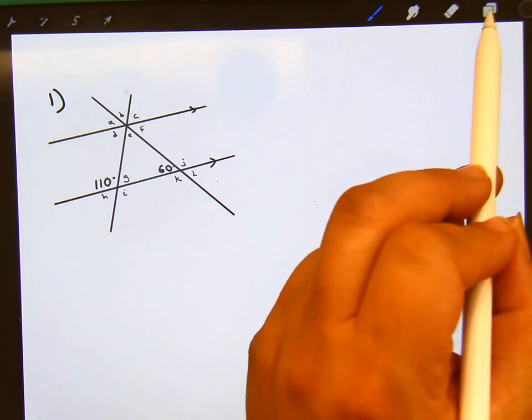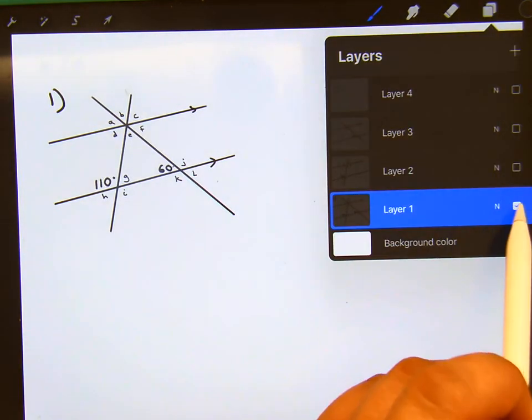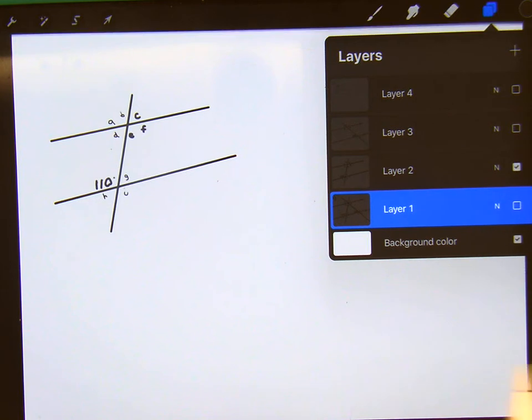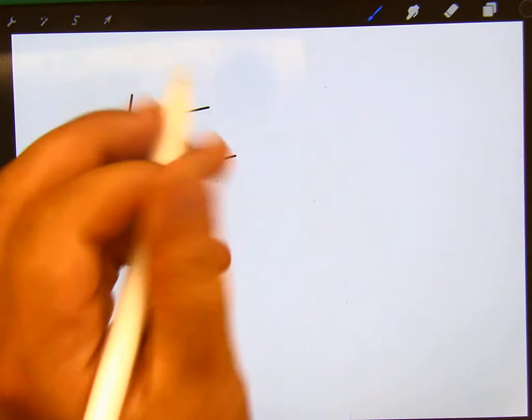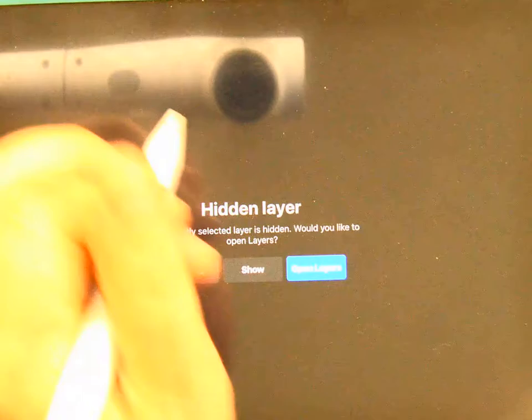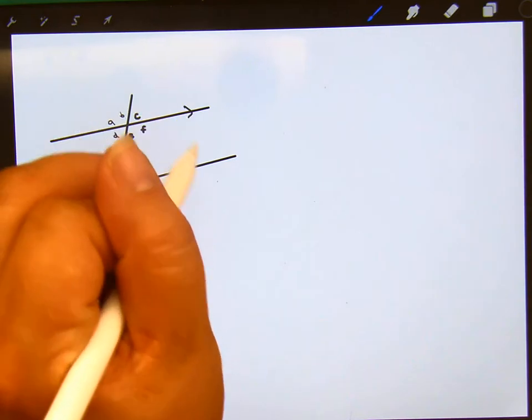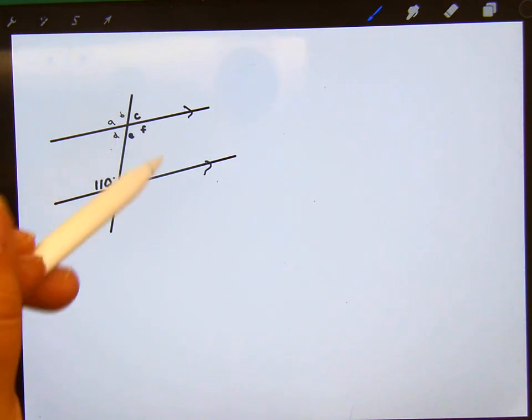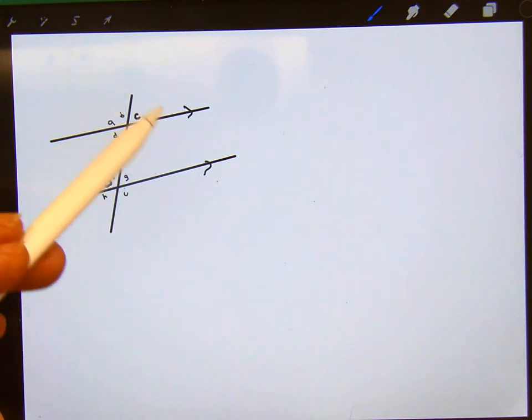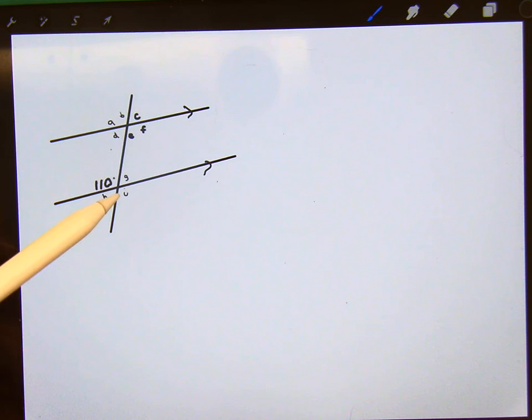To show you a little more exactly what we're talking about, we have one set of our parallel lines, and this is what we're going to be working with: the knowledge of parallel lines and transversal angles.